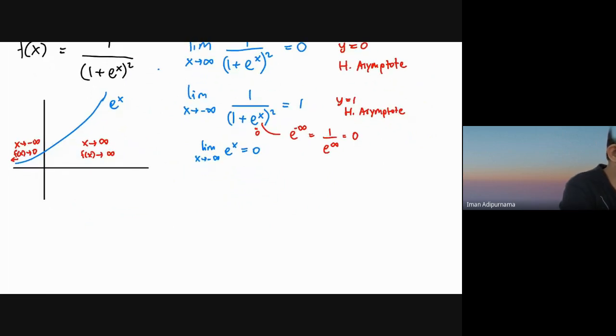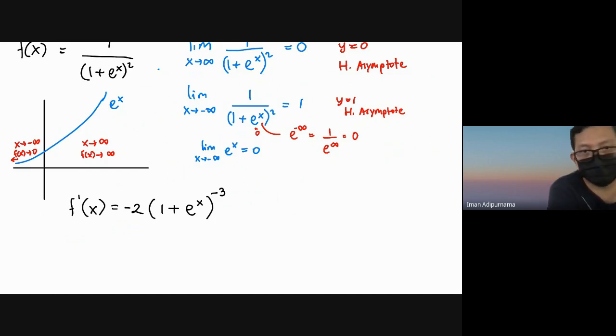Okay. And then we can do the derivative test. So we can check the first derivative, which is negative 2, 1 plus e to the x, to the negative 3, right?